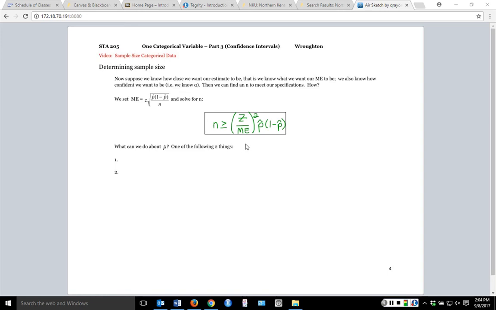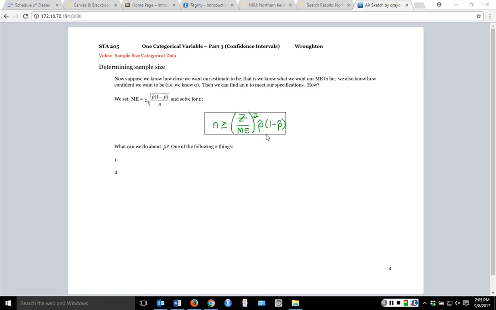Now if we look at this formula, things I know. Margin of error, again, is something someone's going to have to tell me. How close are they willing to be, or how far off are they willing to be? Z is based upon that confidence level, right? That's the only thing that impacted Z when we constructed a confidence interval, was that confidence. So 90 versus 95%, that's going to impact my Z. But notice the other thing I actually have to know is p hat.